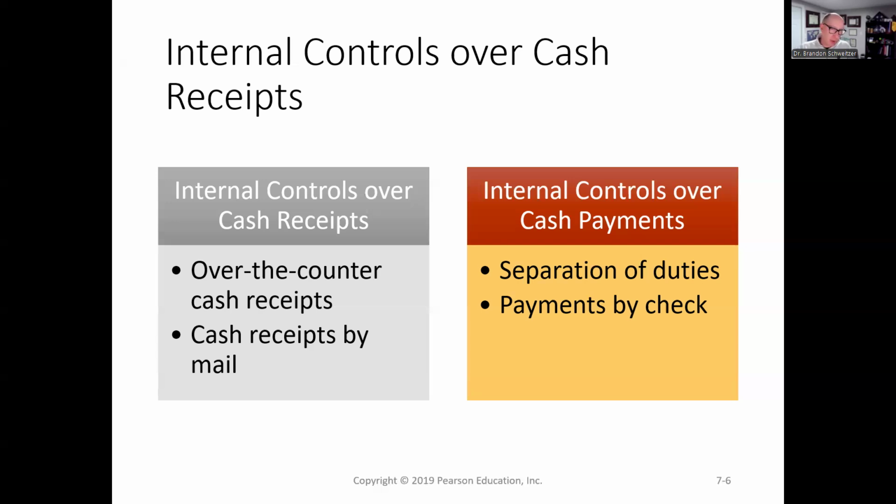And the way that the customer pays us is they'll typically write us a check and we'll receive it in the mail, or they will do a direct deposit or EFT, electronic funds transfer. So I want to talk about the two most common ways that we receive cash. One is over the counter, exchange of goods and services for cash right away, or the other way is we receive a check in the mail at a later date.